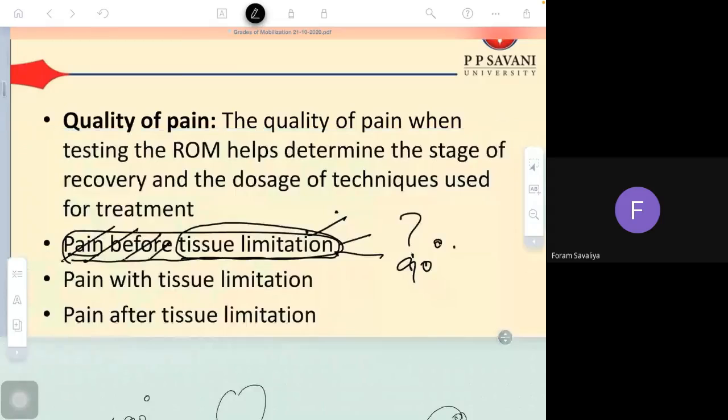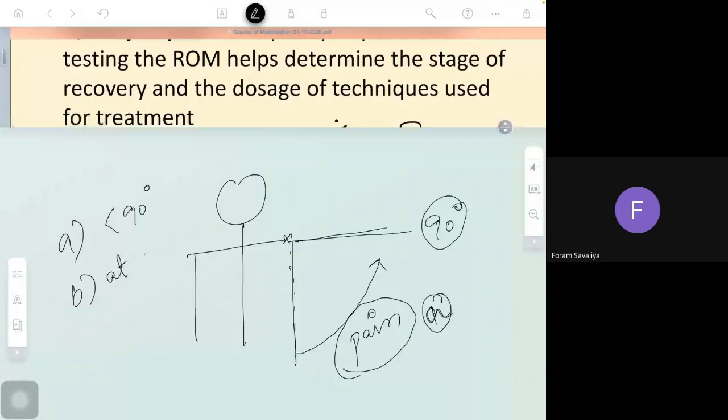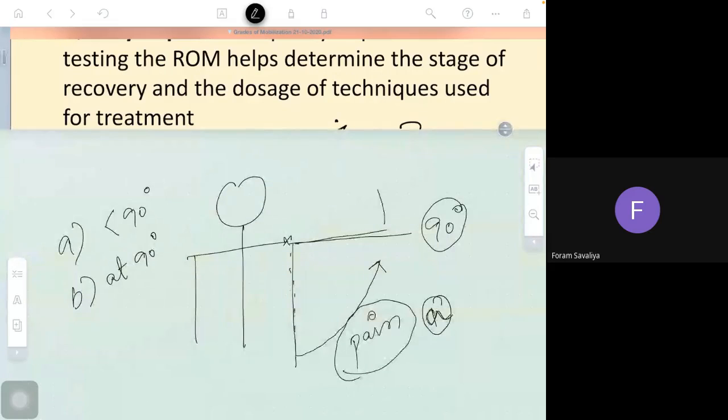Or B, pain with tissue limitation. What does it mean? Pain at 90-degree. And what is C? Pain after tissue limitation, that is, after 90-degree.